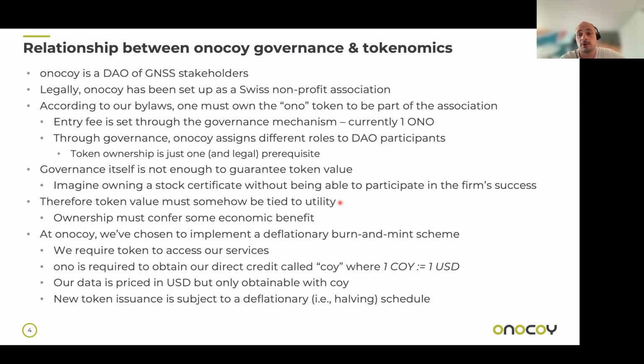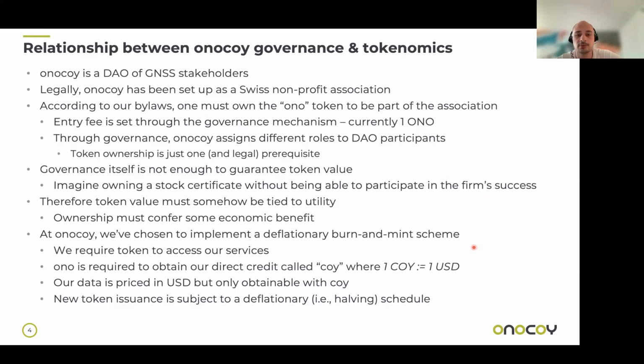At Onocoy, the way we've done this is by implementing what is called a deflationary burn and mint scheme. And we require the token to access our services. Apart from owning an Ono to basically be part of the DAO, if you own an Ono, then you can buy a Koi.